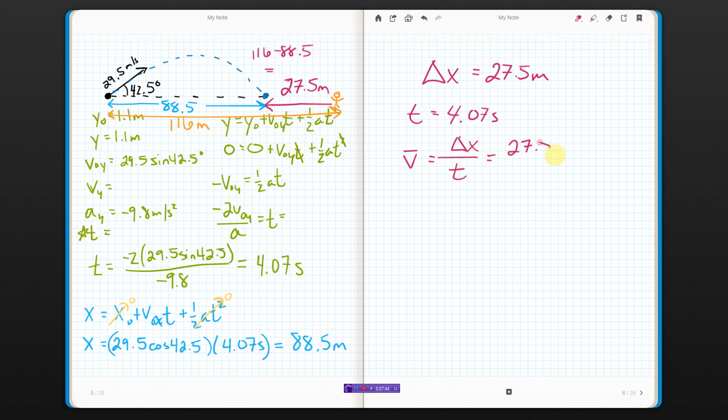So he runs this far in this amount of time. So his velocity has to be 6.77 meters per second. That's pretty fast. Well, actually I don't really know. Faster than I can run anyway, since I can't run.